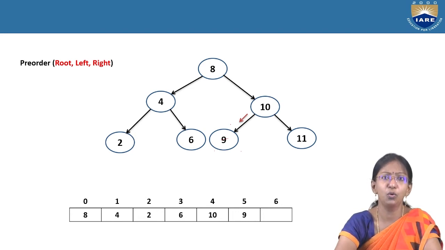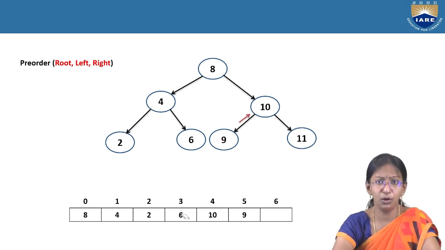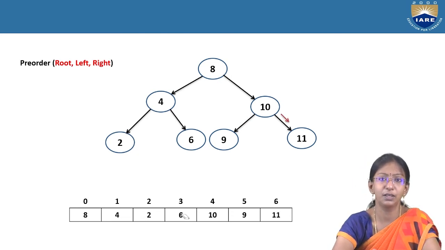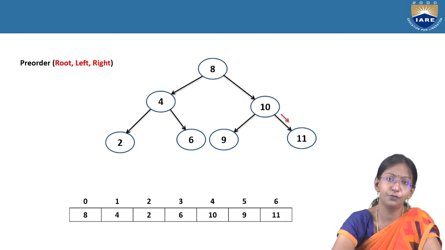Right? So it is going to go in the reverse order. In preorder, root is already done. 10 has already been counted or entered. Right? So let's go towards the right side of 10. Once you reach the right side of 10, it is headed by 11. As it is preorder, first of all, print it or store it.